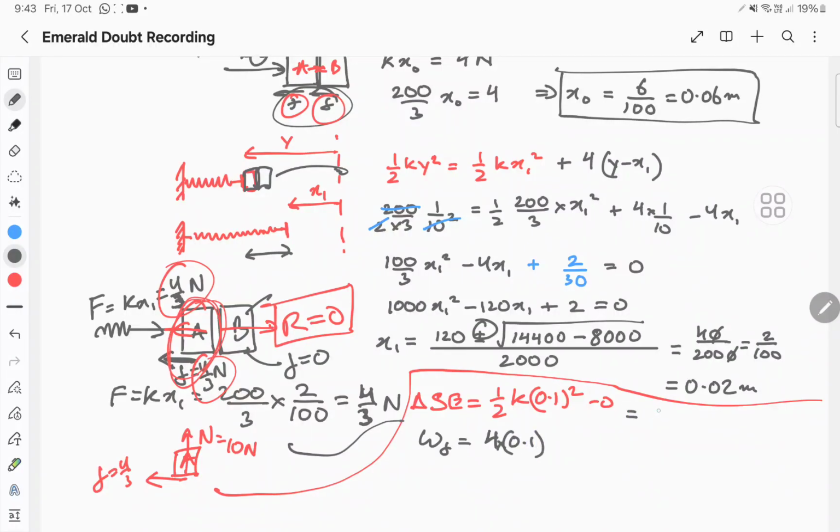So let's just calculate this. 2 into 3 into 1 by 100, so that's 1 by 3 joules, and this is 4 by 10, which is 1 by 2.5 joules.